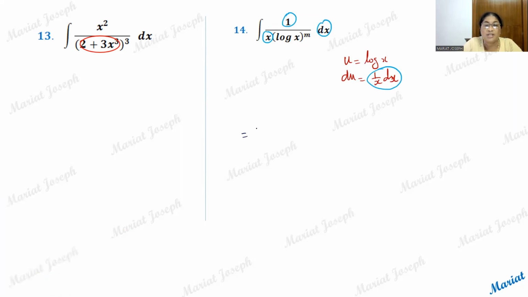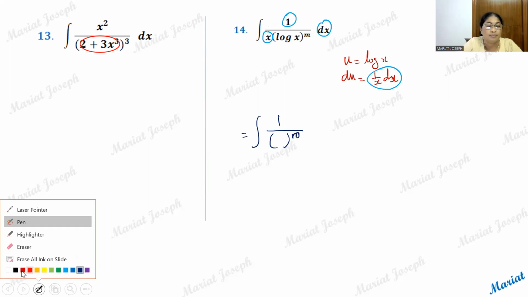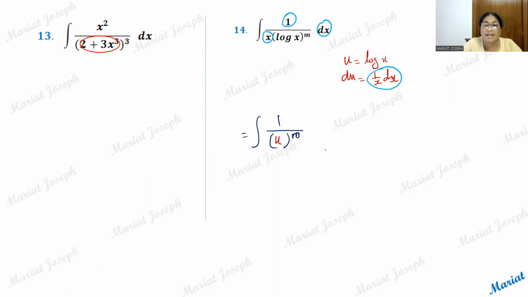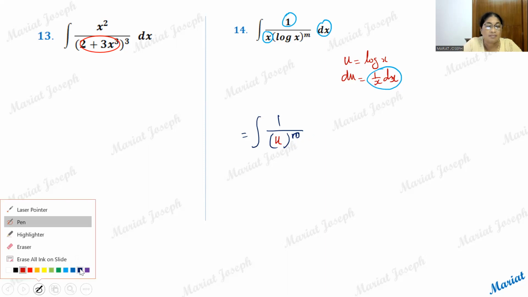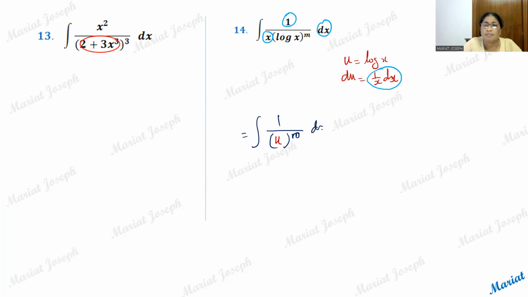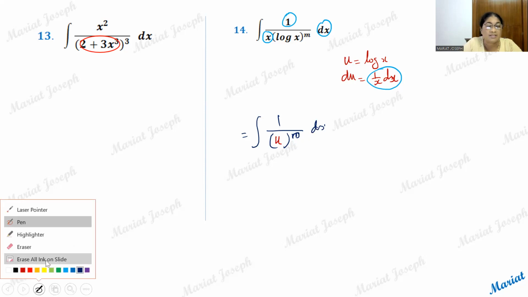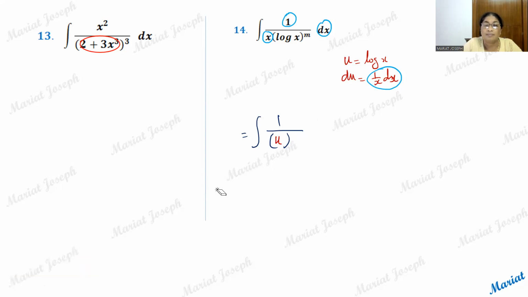Therefore, this integration becomes 1 upon u raised to the power m. Log x we took as u. So u raised to the power m into du. And how will you integrate?